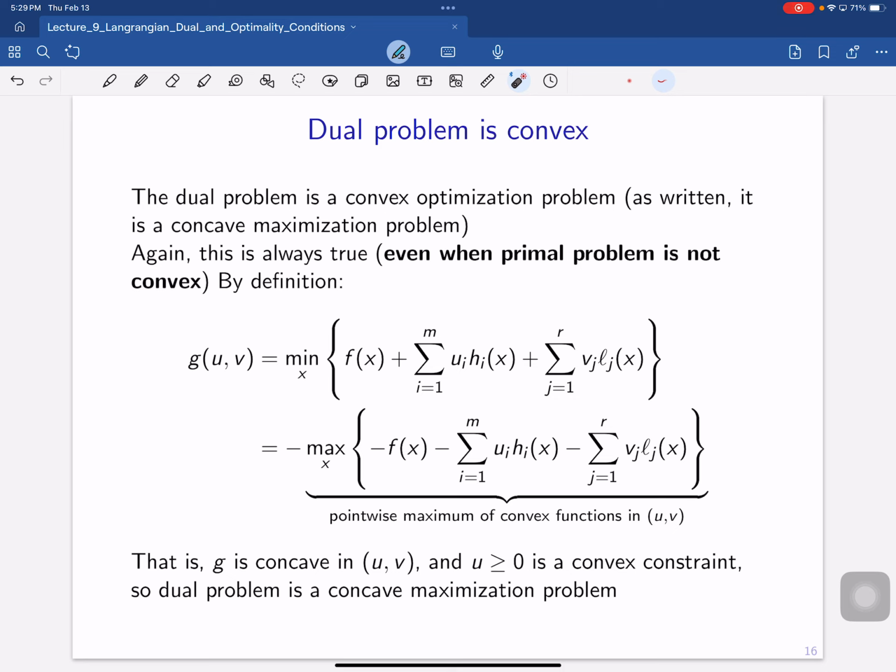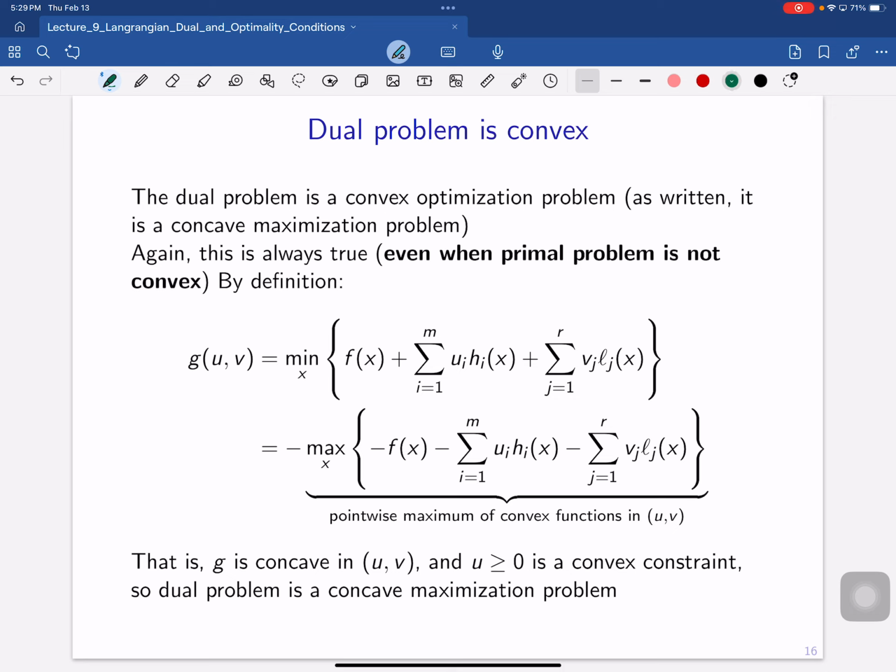So if you fix a given x, let's say x is fixed, then this term is a linear function over u and v. Now let's suppose I have a bunch of x. I'm taking the maximum over x. It's like you are taking the maximum over a bunch of linear functions of u and v, right?